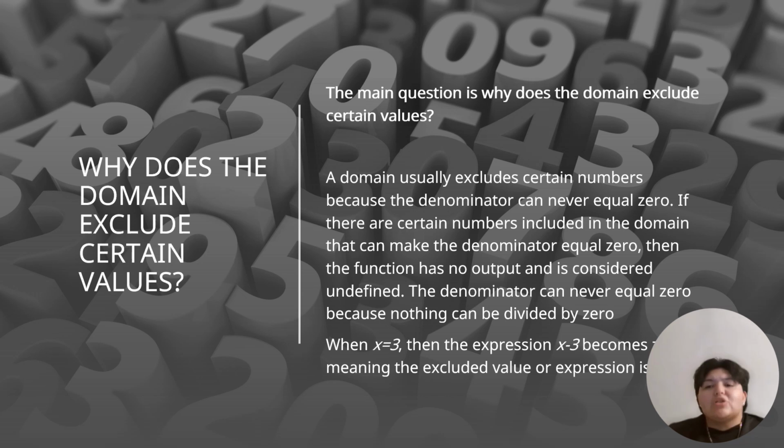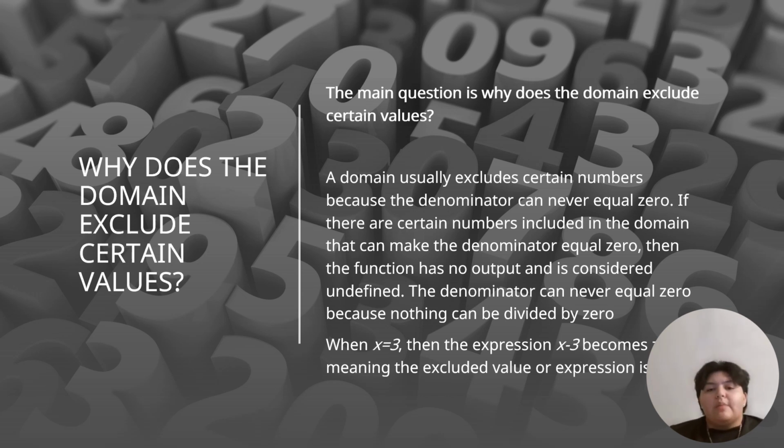The domain excludes any value that makes the denominator equal to 0, because division by 0 is undefined in mathematics. For this specific function, f of x equals 1 over x minus 3, substituting x equals 3 would cause the denominator to become 0, meaning the function could not produce a valid output, and would make this value completely undefined.